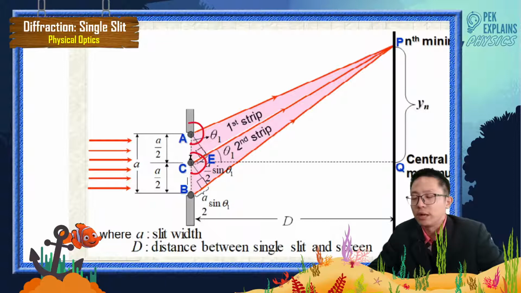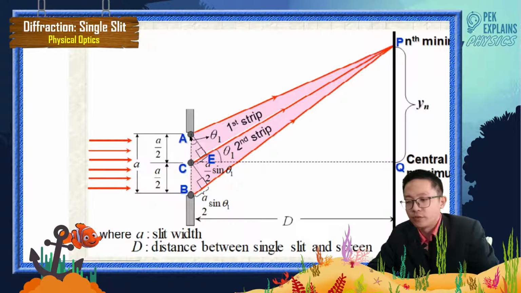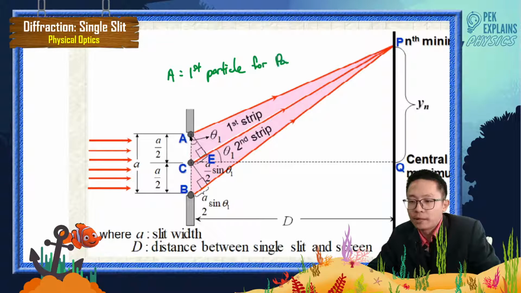Okay. So now, first of all, look at particles A and C. In fact, particle A is the first particle. First of all, you need to know, particle A is actually the first particle for the first strip, for part 1.